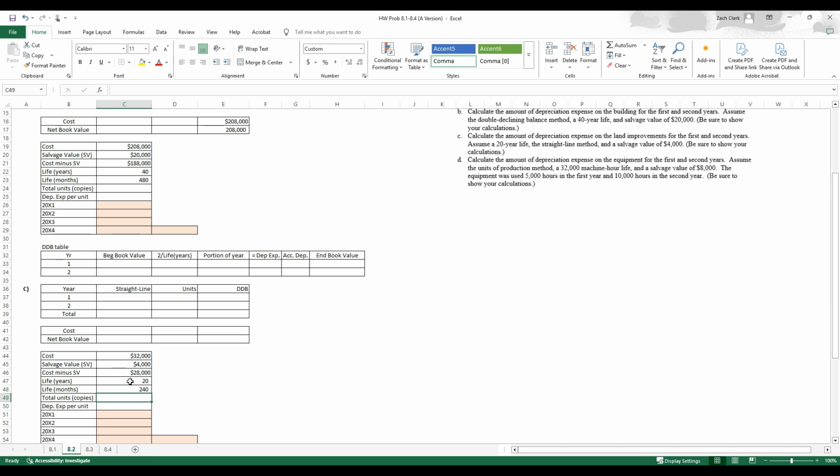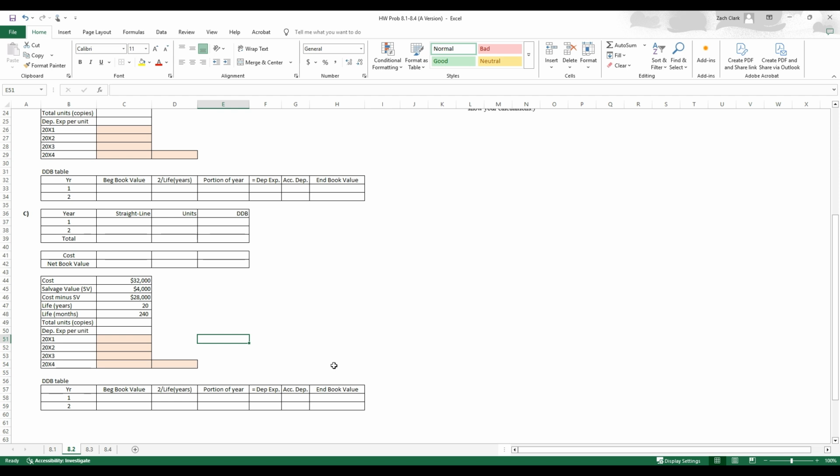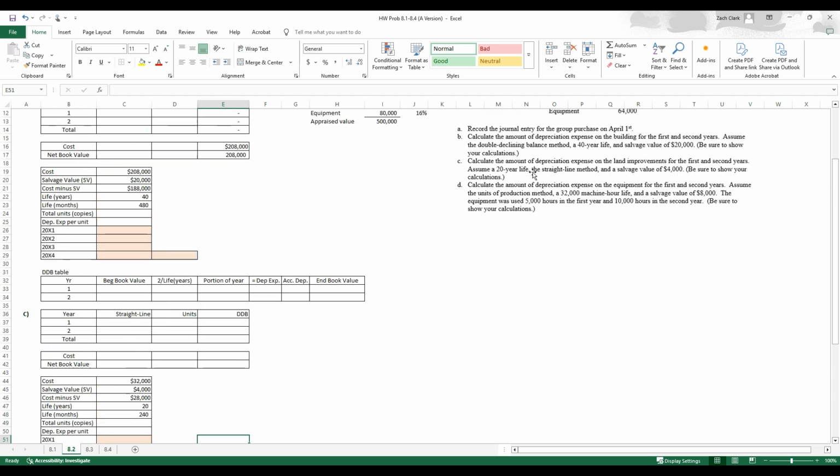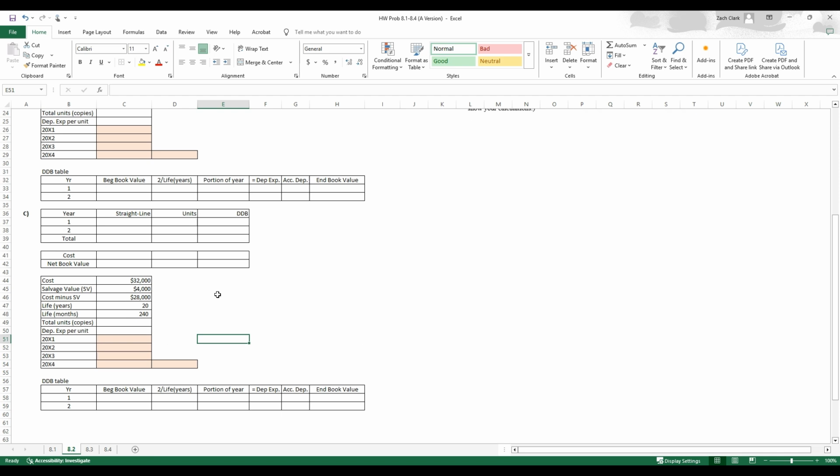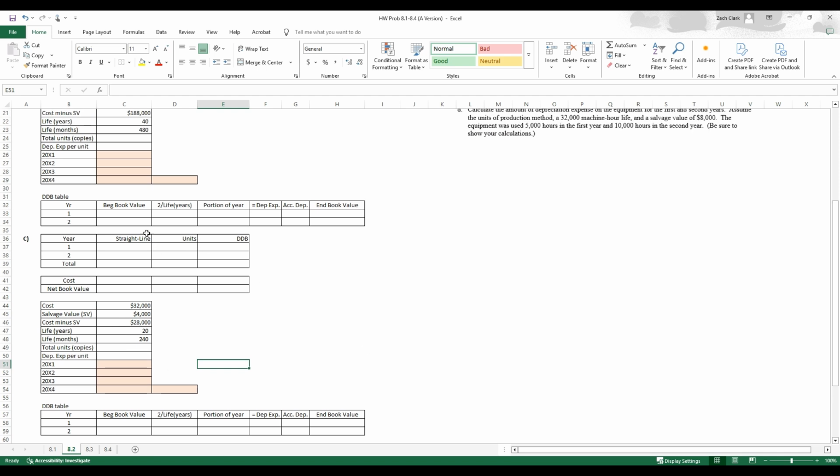And if we multiply that by 12, if we need the months, it's 240. Cool. Okay. So we don't care about the units of activity for the land improvements. And also we don't care about the double declining because we're just going to do the straight line method here. But I'm just going to leave this stuff because it's our template essentially. So no big deal. Just leave it blank.